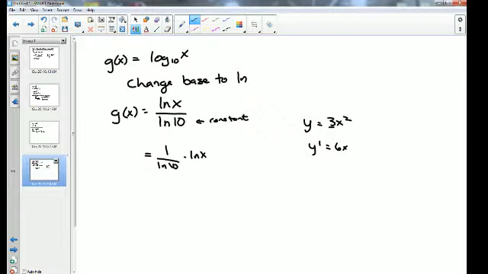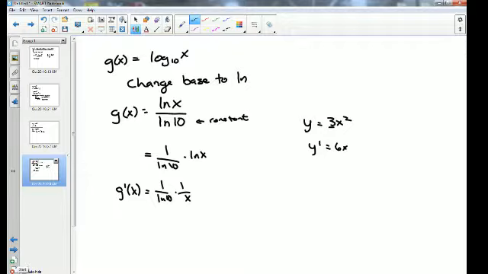So g prime of x is 1 over natural log 10 times the derivative of natural log x, which is 1 over x. Keep the constant, derive natural log x.